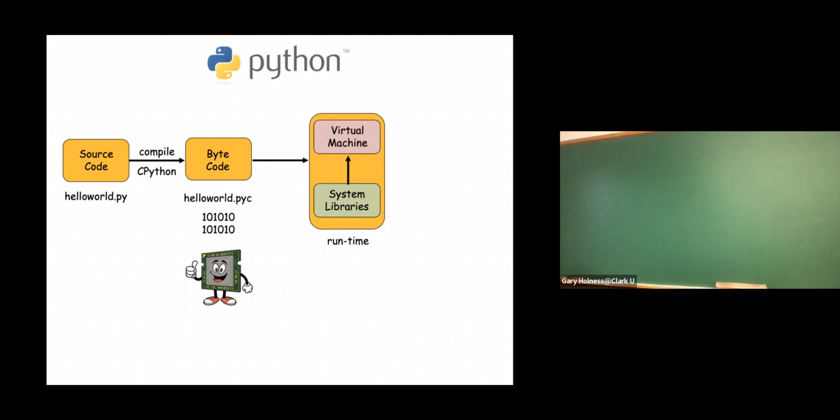Now, this bytecode is called bytecode instead of binary code because it's meaningful to the virtual machine. And at the end of the day, the VM or virtual machine is just a process, a program that's running on top of your operating system. So there's a level of indirection here, and therefore it's slow.